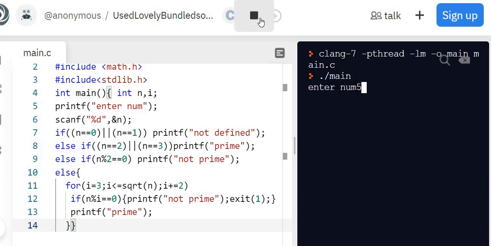Suppose 557. We don't know whether it is prime or not. It is prime. Okay. Any other number. Suppose 1001, not prime. You can take any bigger number. 193475, suppose. 751, suppose. Not prime. So in this way it gives us message whether prime or not.